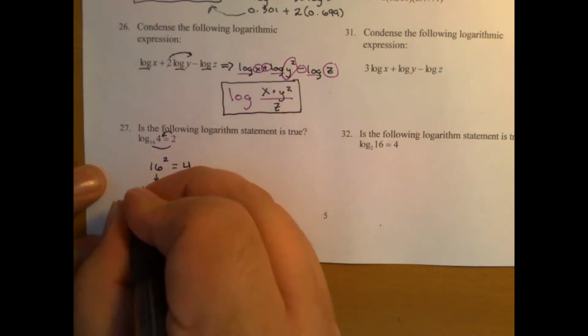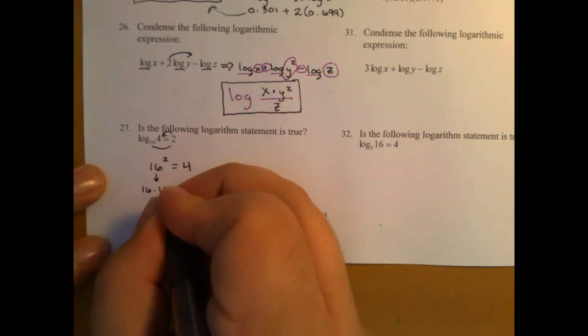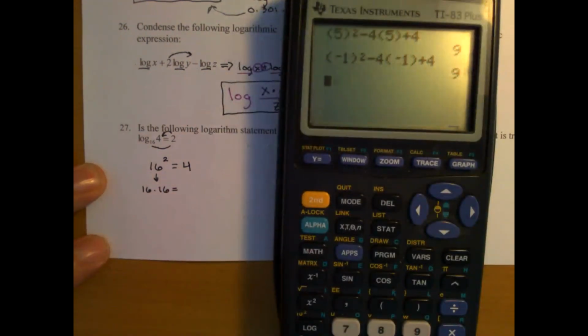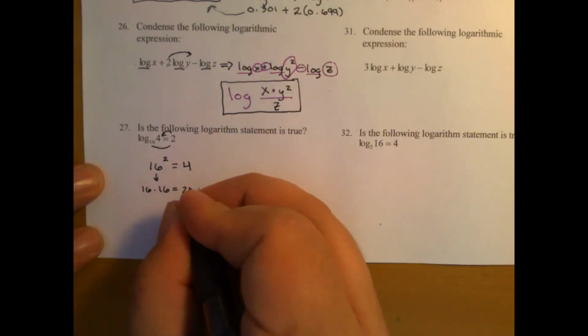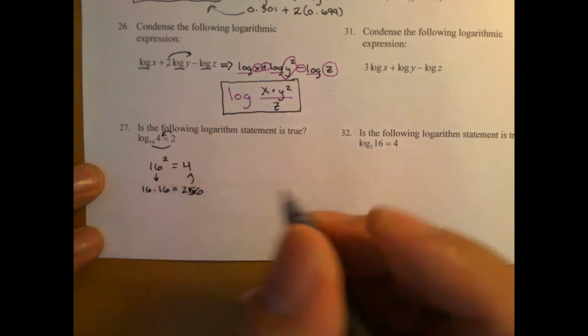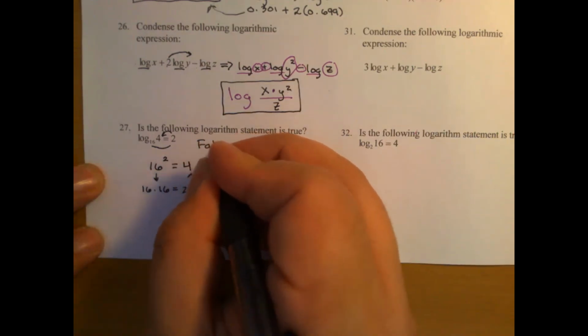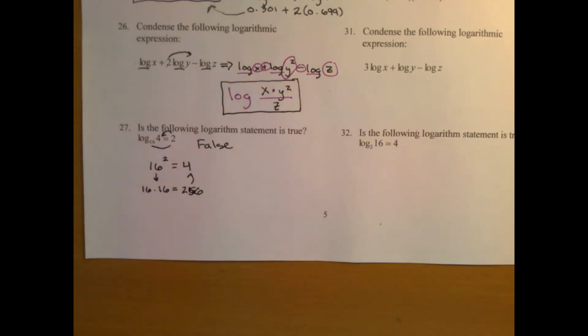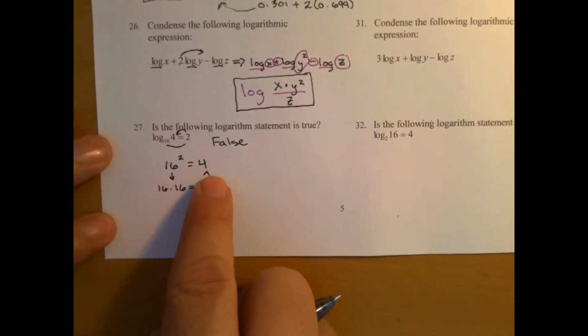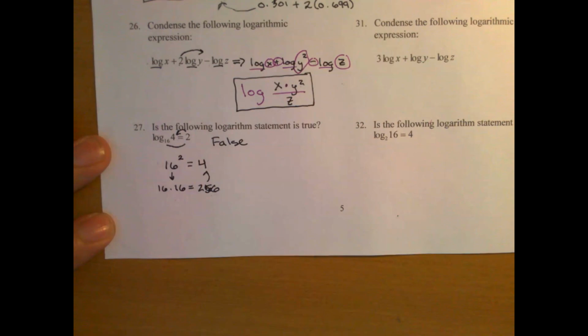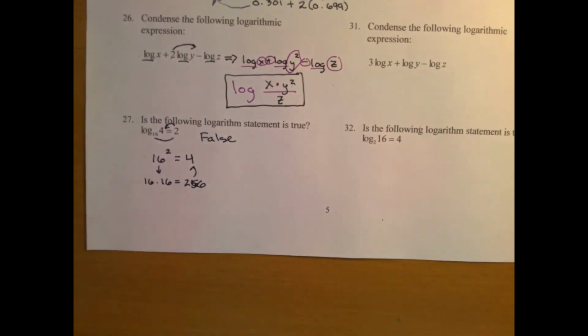Well, think about it. 16 times 16, you can use a calculator if you need to. 16 to the power 2 is actually 256. So this is a false statement, right? This power, 16 to the power 2, is not a 4. So, no, that is a definite false statement. But look how quickly we checked it. Just rewrite it. That's what we do.